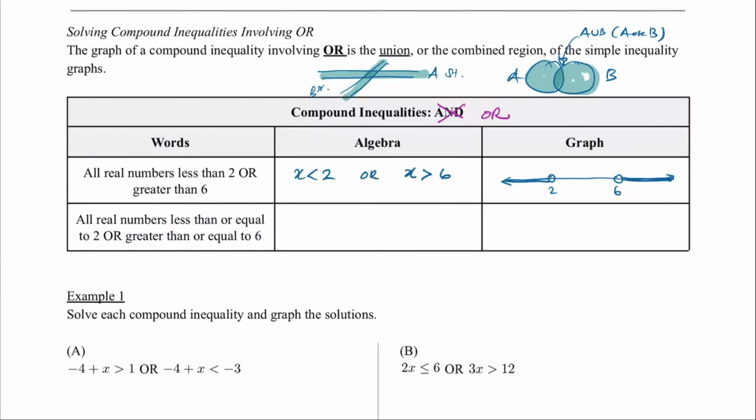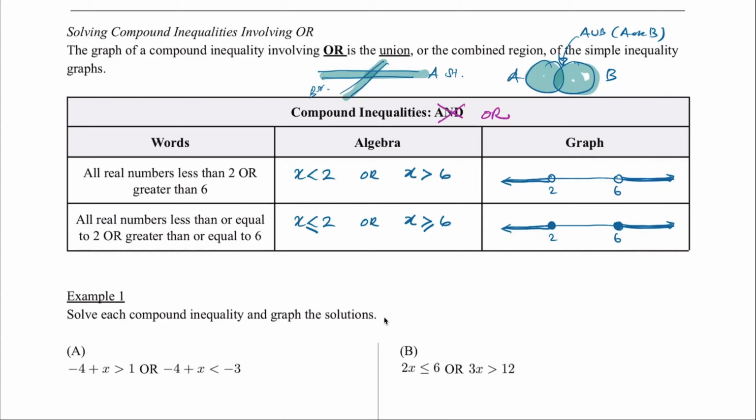It looks almost exactly alike, actually. So I'm going to copy this over and paste it below. The only difference is that it is less than or equal to and greater than or equal to. So when you graph it, we want to include the endpoints there. And that right there is the difference.